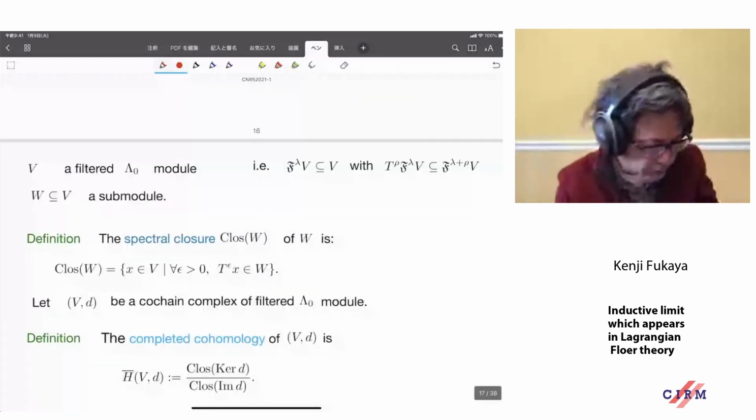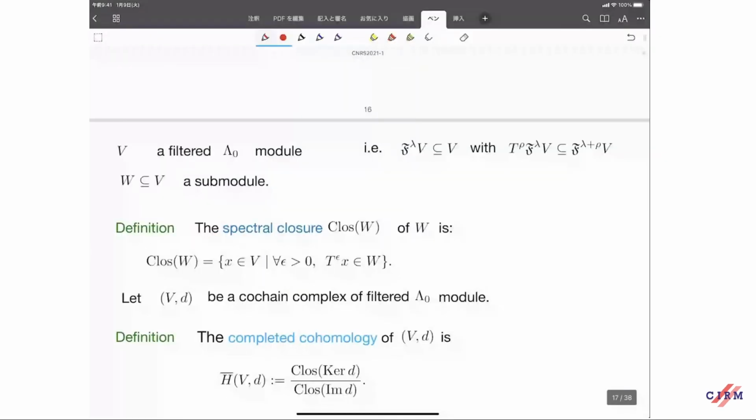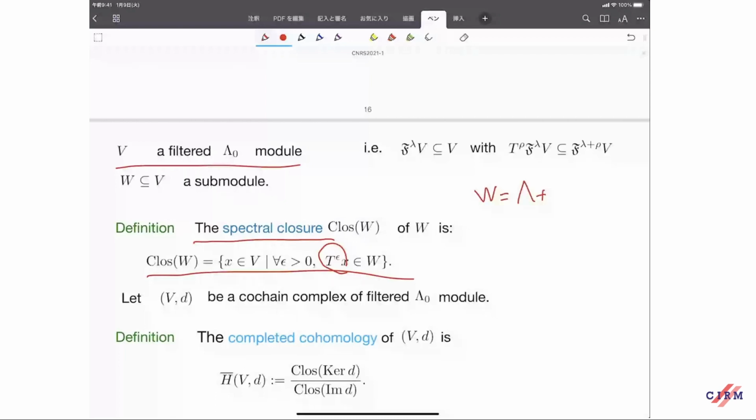It's the following. Suppose we have this filtered Lambda 0 module. Then we take something called the spectral closure. You take this element x so that you take t^epsilon x in W, then this is the closure. The most basic example is that W equals Lambda prime, where the exponents are all positive.